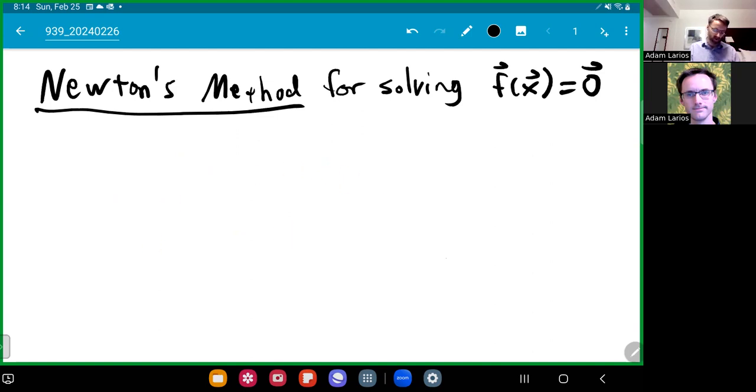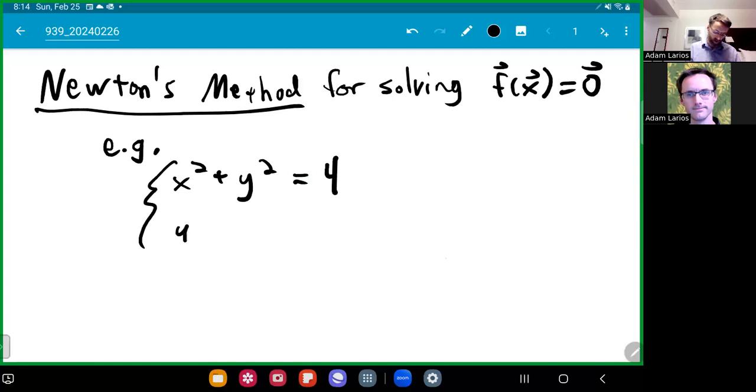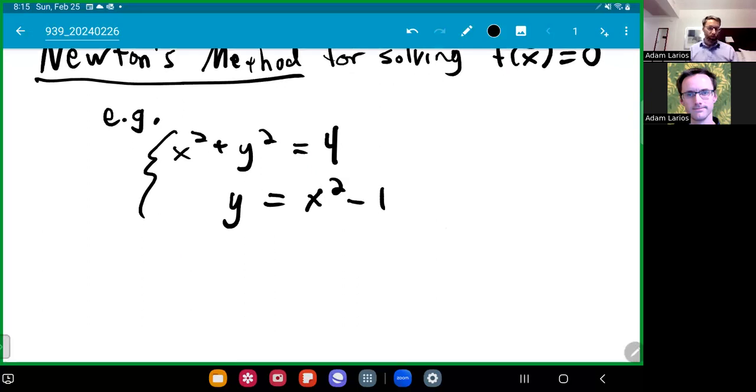So let me give maybe a more concrete example. Let's consider something like this: x squared plus y squared equals 4. So we have a circle, and then we'll have y equals x squared minus 1. For something like this, we can of course view this geometrically.